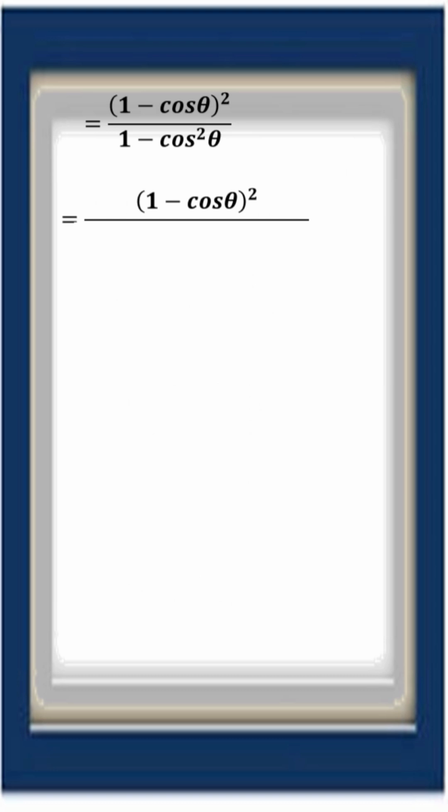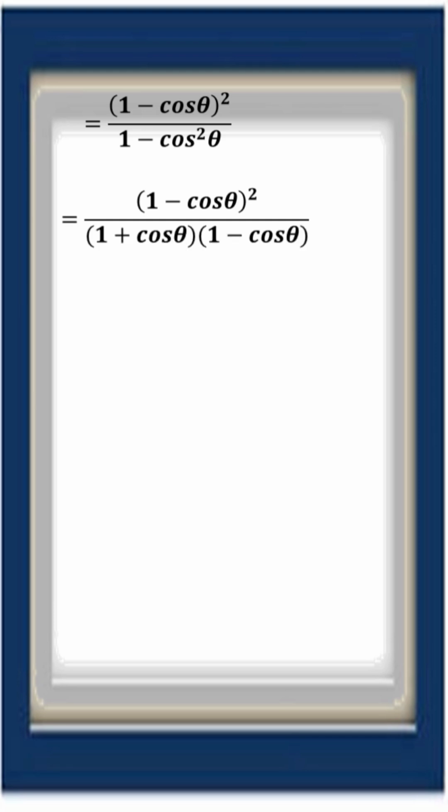Now we have 1 minus cos theta the whole square upon 1 minus cos square theta. Let us keep the numerator as such. Now let us split the denominator by using the formula a square minus b square equal to a plus b into a minus b. So now let us write the denominator as 1 plus cos theta into 1 minus cos theta.